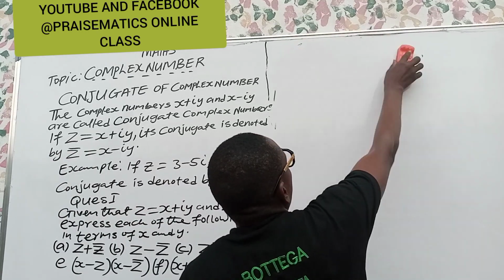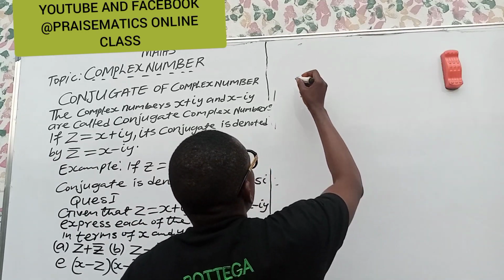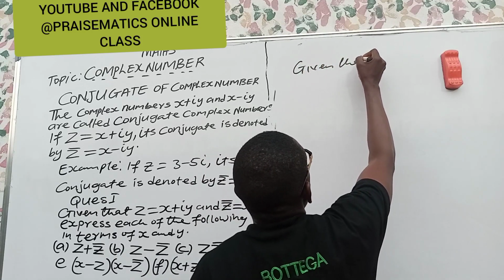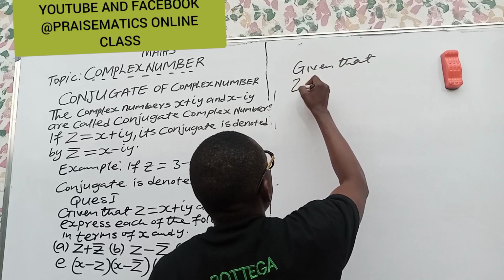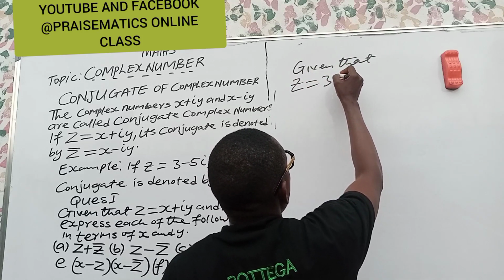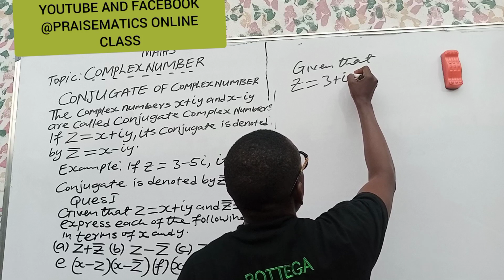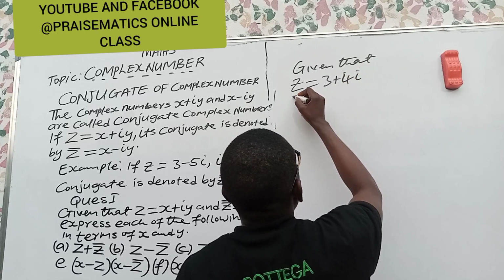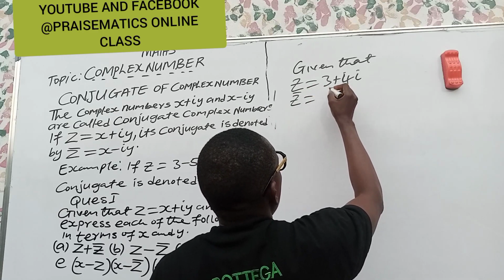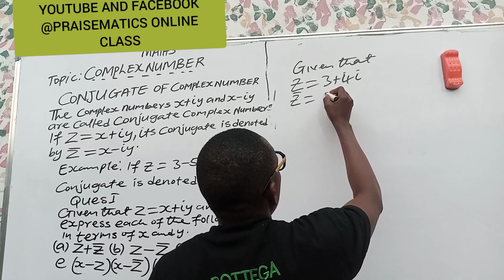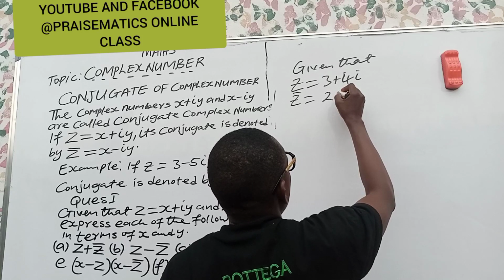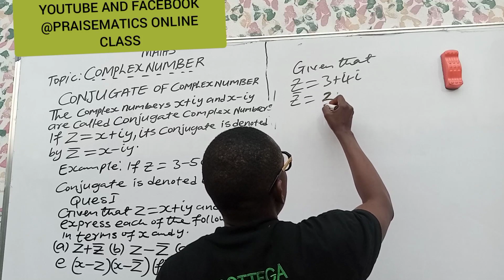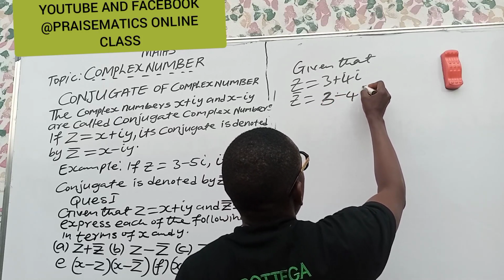Now let me give you another question like this. Given that z equals 3 plus 4i, and z bar equals 3 minus 4i.